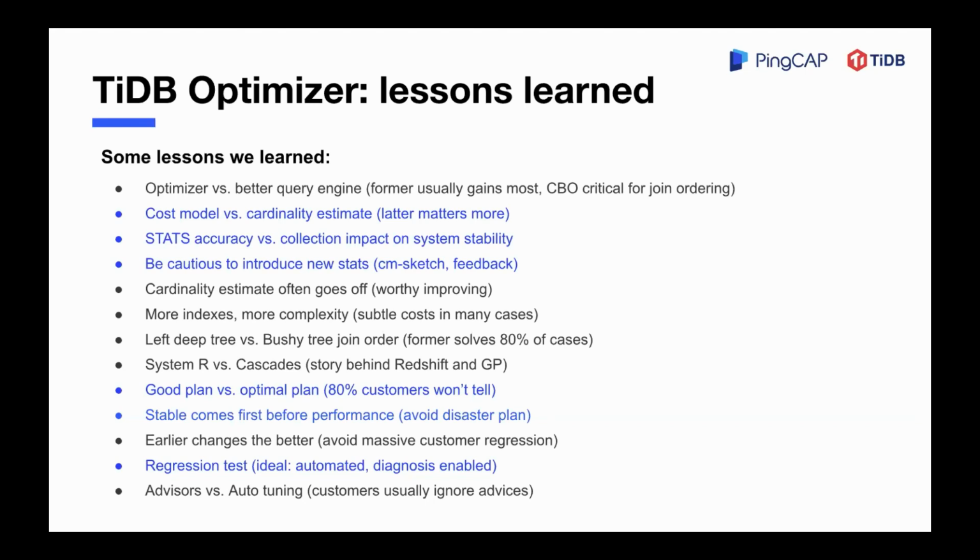If they see a query run in 10 seconds the first day, then 1 second the next day, and then 20 seconds the third day, that is a terrible thing for the user, because the business wants predictable performance. Although sometimes it can run very fast, users don't want unpredictable performance. They want very stable and predictable performance.